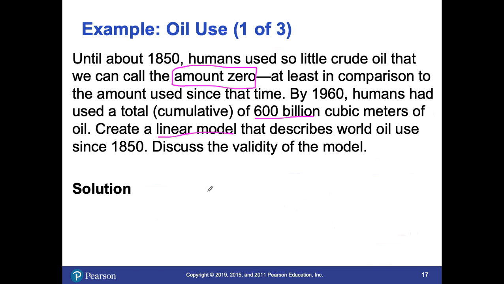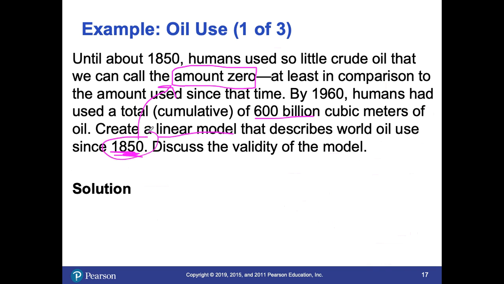Before I get into this too much, let's take a look at 1850. In 1850, that's the independent variable because we are depending on the year to understand how much oil was used, not the other way around.